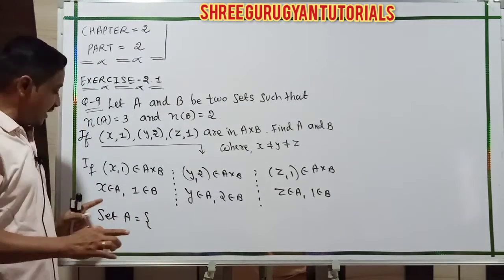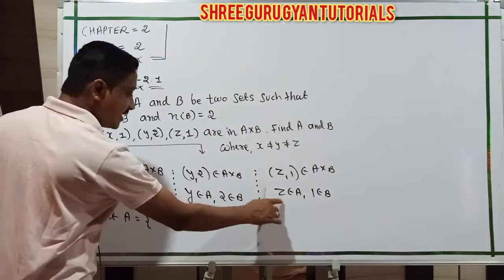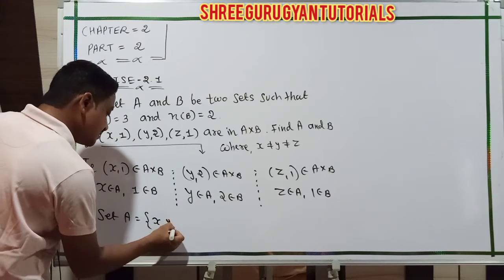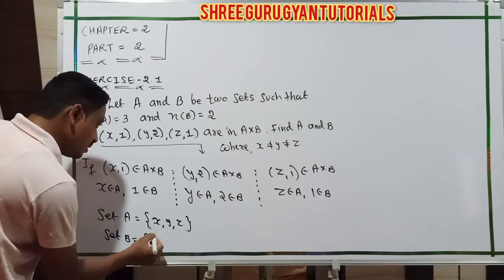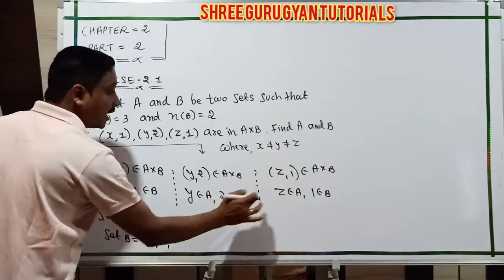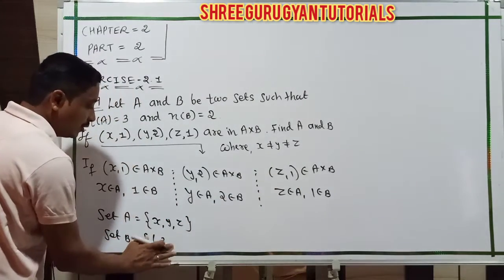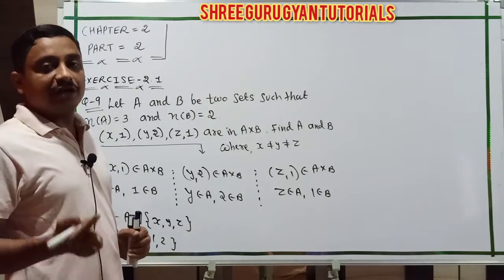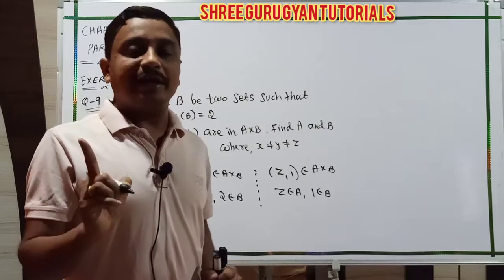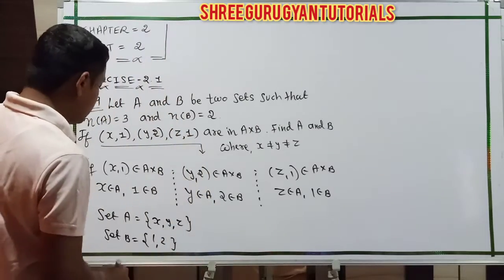Students, always take x, y and z, the first elements, as set A, and set B is also ready: 1, 2, again 1. Don't write 1 again because it is a repeated element, and elements are not repeated in a set. Now check.